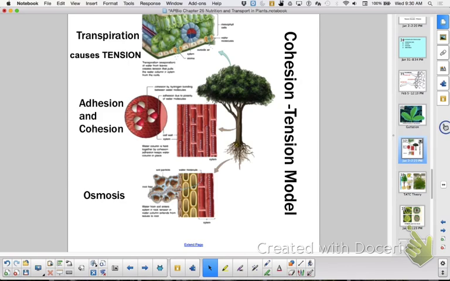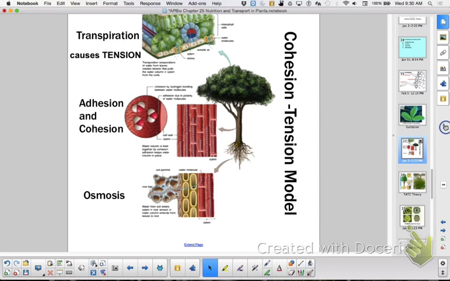And the oxygens are always slightly negative because they have a stronger electronegativity and they pull on the hydrogens' electrons and keep them a little closer. So the oxygen is slightly negative, the hydrogens are slightly positive. So that weak attraction, because it's a polar molecule, is a hydrogen bond.